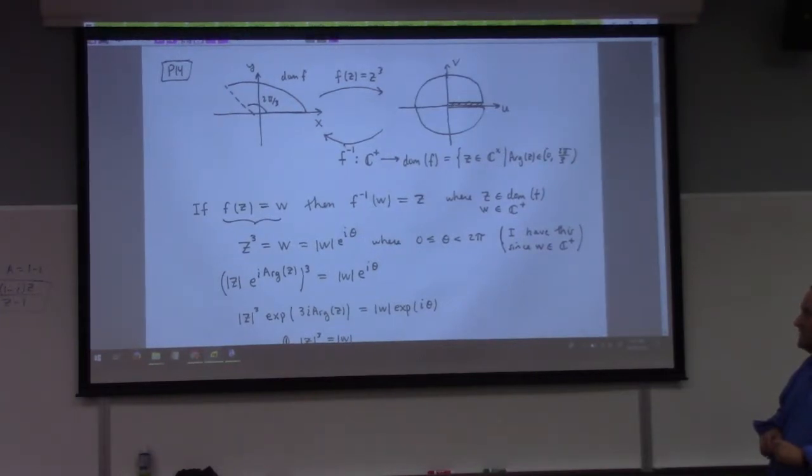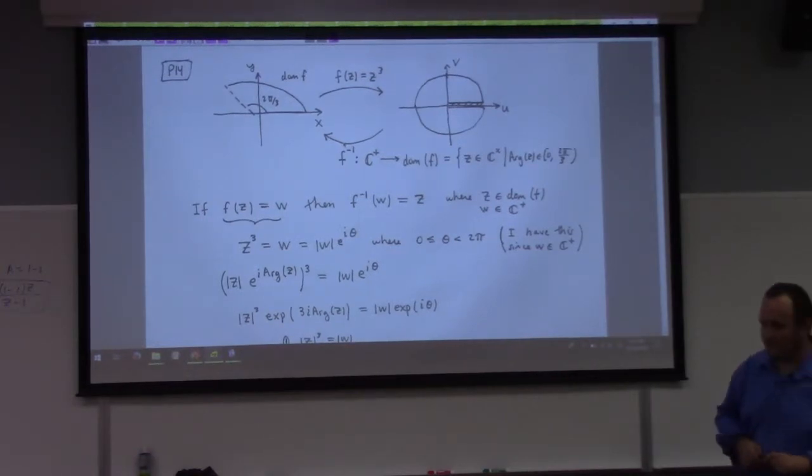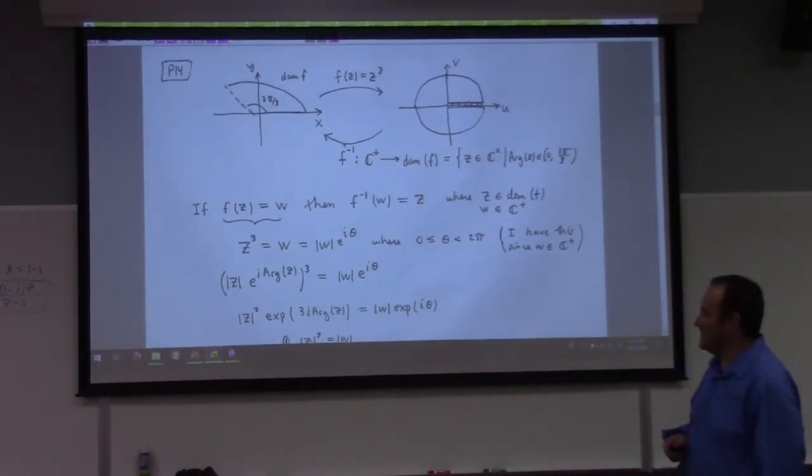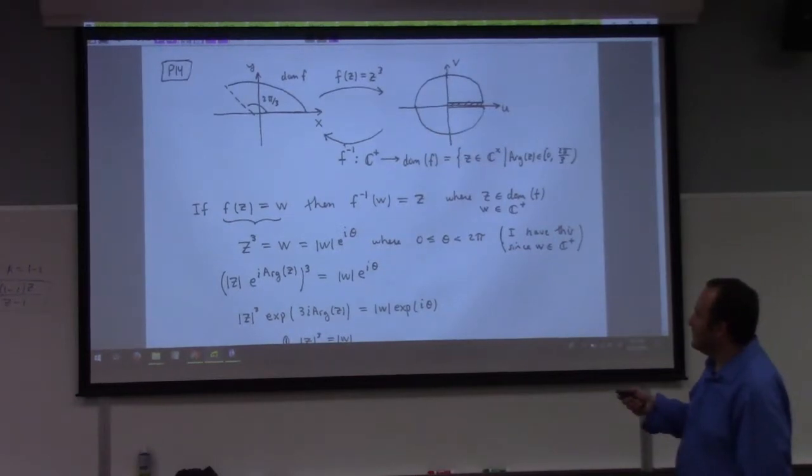I'm not sure it is, I don't know right offhand. I have to get everything back out on the table for myself before I can offer an opinion on that. There's a lot of moving pieces in this problem, yeah? So I'm trying to find the inverse to the cube function restricted to this sector, right?